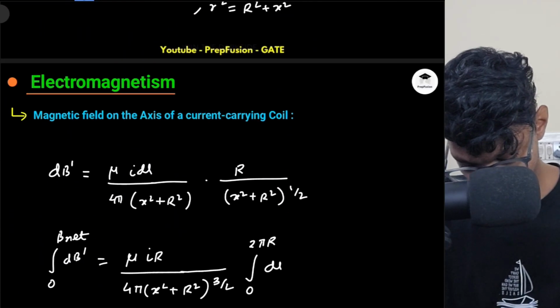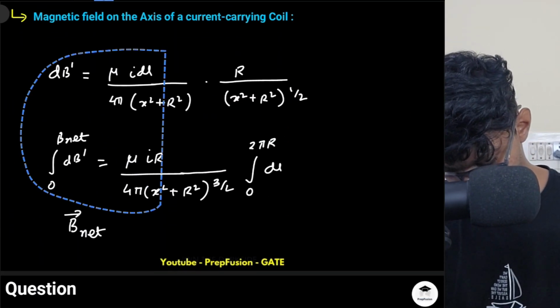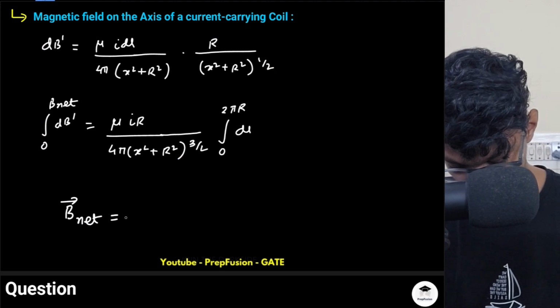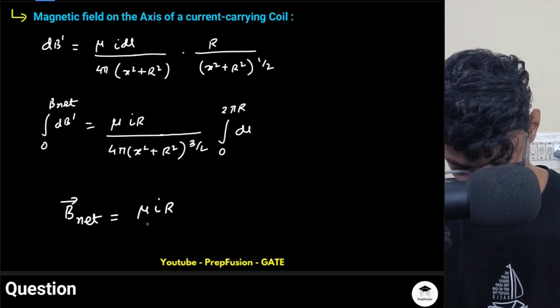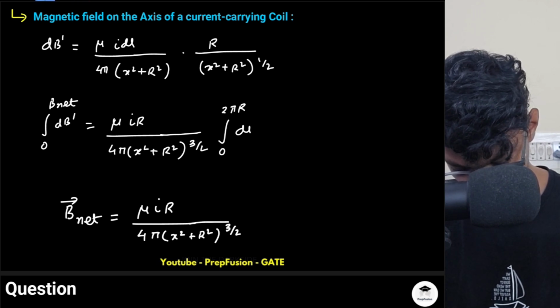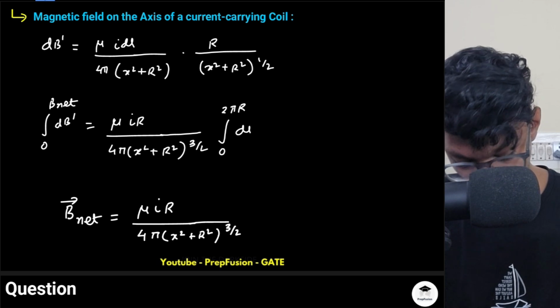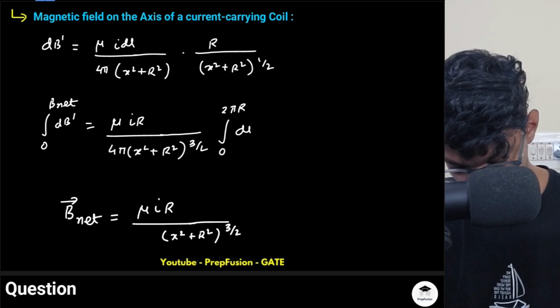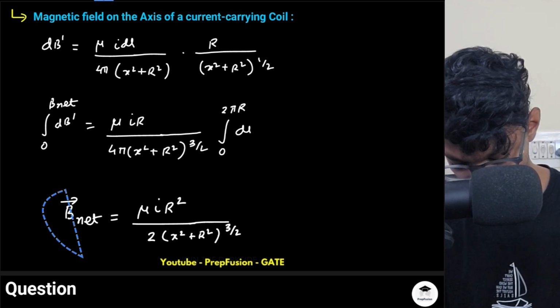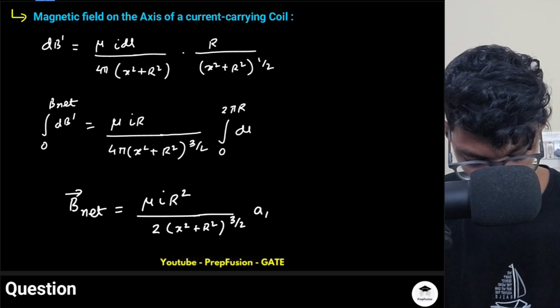So your B net will come out to be equal to mu I divided by x square plus r square whole raised to 3 by 2, into 2 pi r. So 2 pi, this will give me 2, r will be still here, this will be r square. And the direction will be along the b cap direction, that you need to find out.